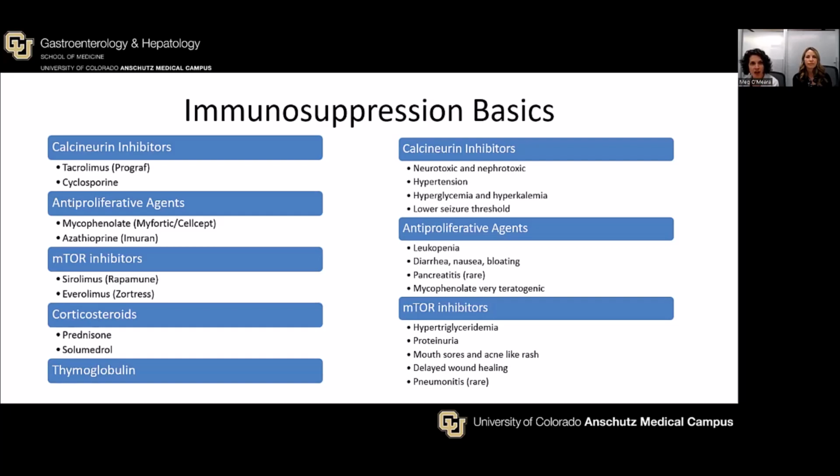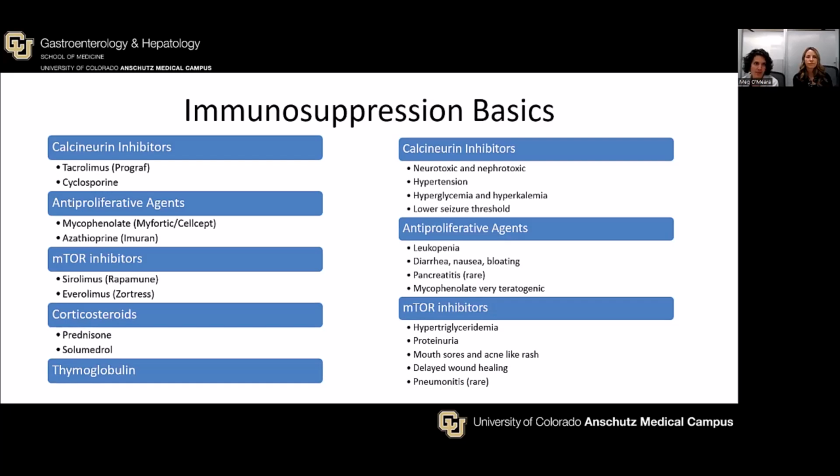You can have GI side effects on both, though typically this will be more common when patients are on Cellcept. Myfortic is an enterically coated formulation of mycophenolate, so in theory it should have a little bit less of the GI side effects. And then also realizing that this medication is a bit oncogenic, so in patients with a new diagnosis of cancer, we will typically try to get them off of the mycophenolate.